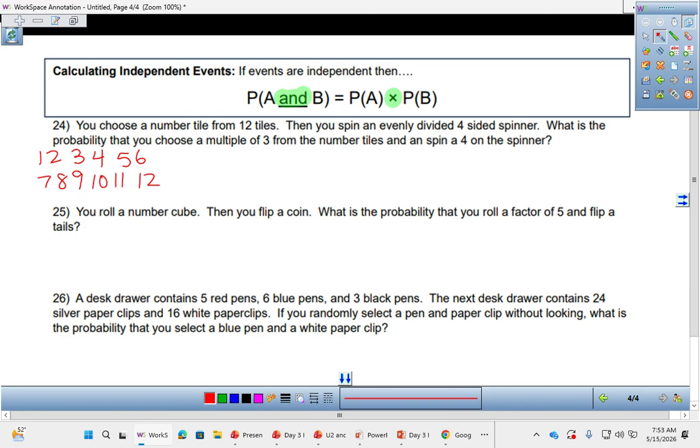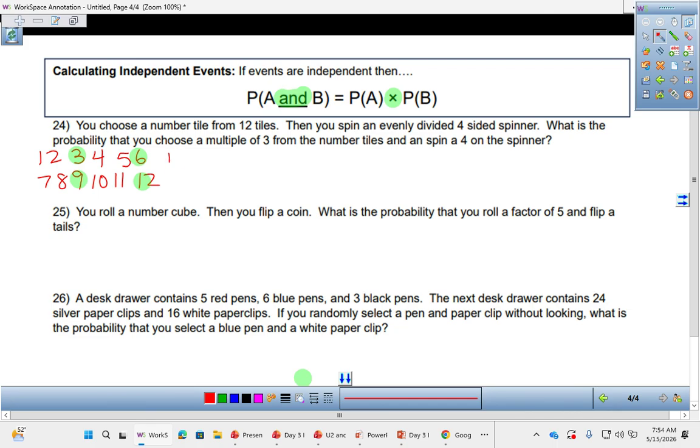All right, those are the numbers on the number tiles. Let's highlight the multiples of 3. 3 is a multiple of 3. All right, so there are my multiples of 3.